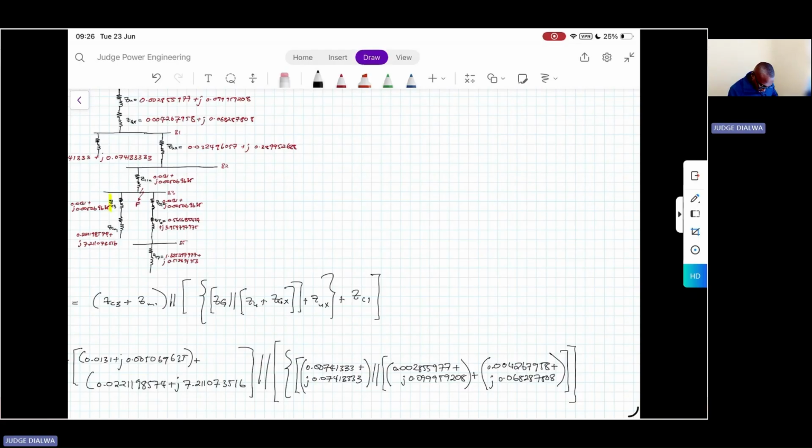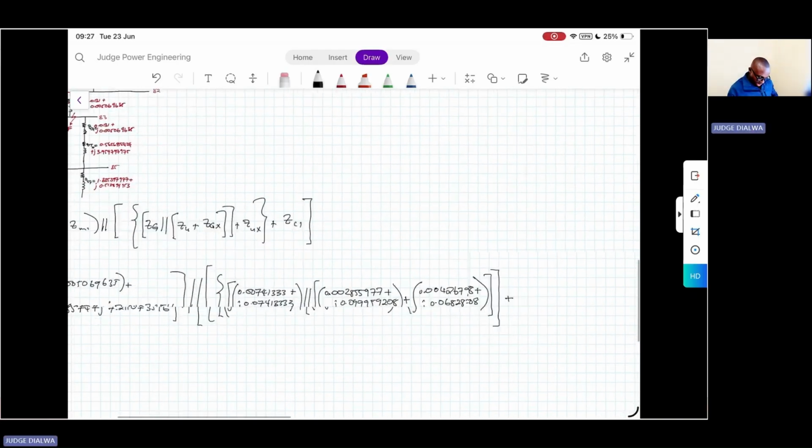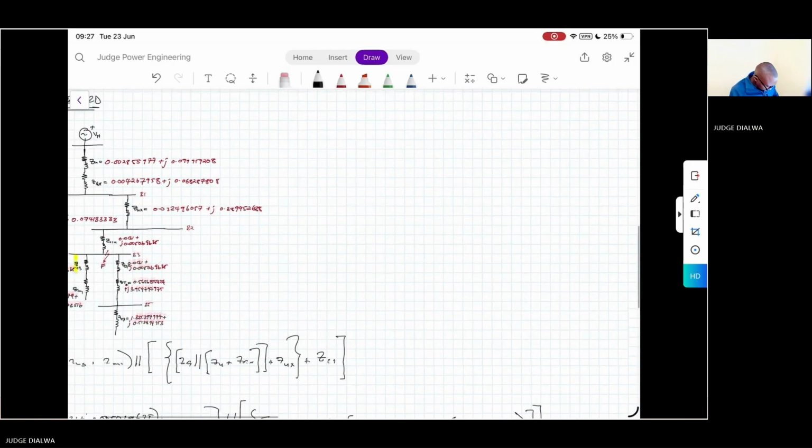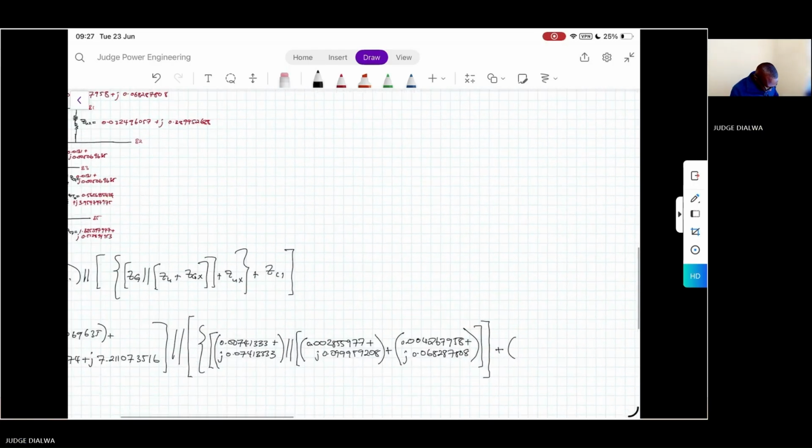Now, all that will be in series with the impedance of our unit transformer, and that is 0.032496057 plus j 0.389952688.